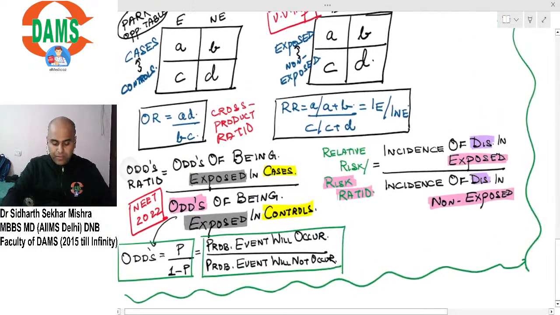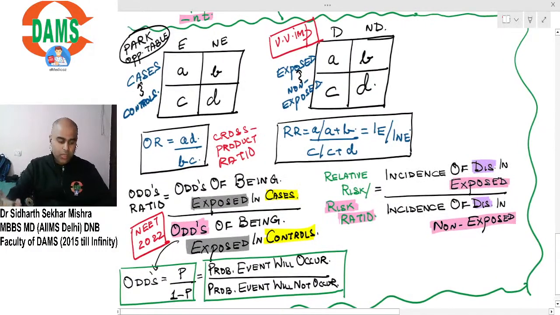I hope everyone is clear with this. No doubt, guys. I am now slowly taking you deeper and deeper, where we are trying to see more and more of comparison of case control and cohort. Is it okay, guys? No problem. Should we go ahead? Okay.